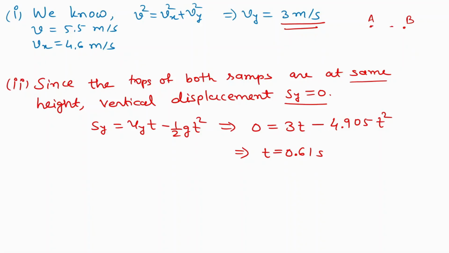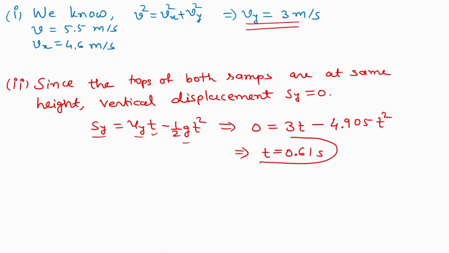There is no height difference, so sy is 0. If you want to write sx, it is equal to d, the horizontal distance between the two points. Sy is equal to uy t minus half g t squared. You know g and uy, which you found as 3, and we need to find t. So it will be 0.61 seconds.